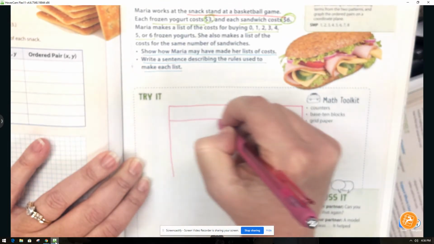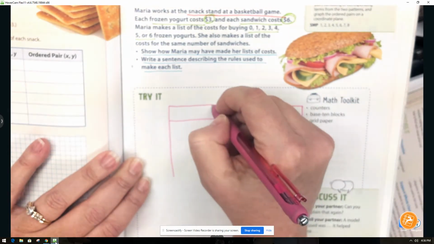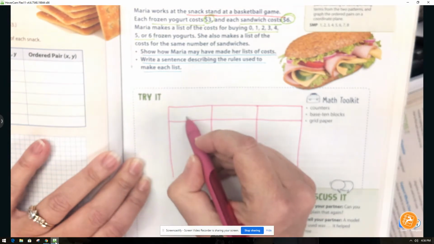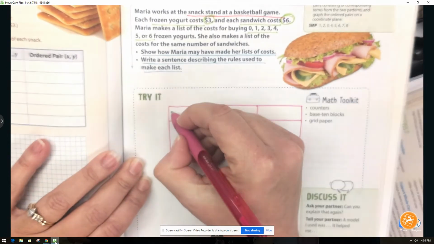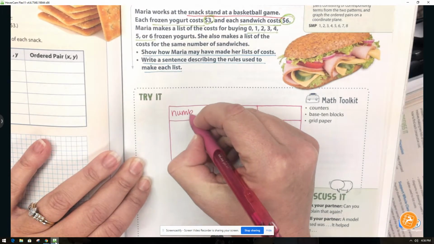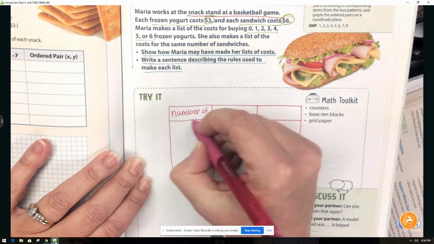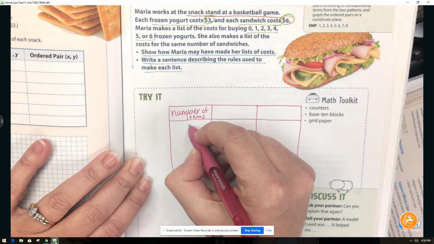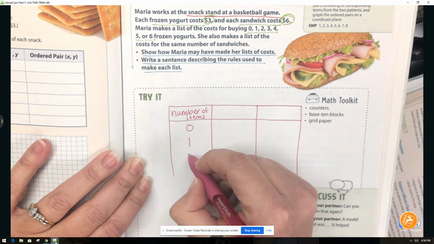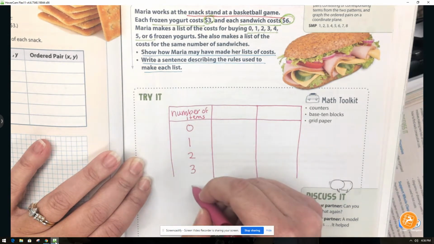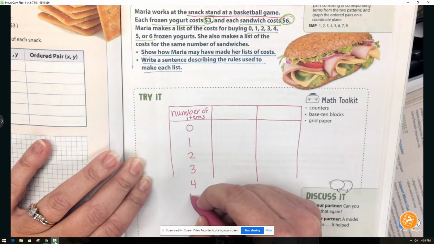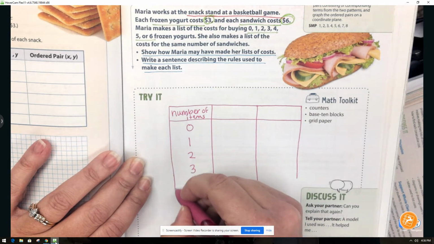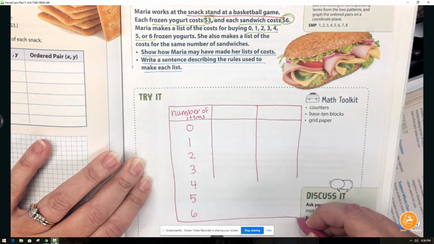All right, so I don't know how long I need it, so I'm going to leave it kind of open right now. So my first column is going to be the number of items. And remember, we need it for 0, 1, 2, 3, 4, and 5 and 6. So we've got to go quite a ways down. That's why I kind of left that open-ended.